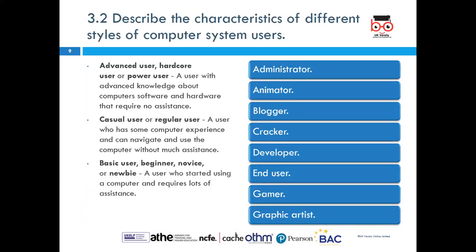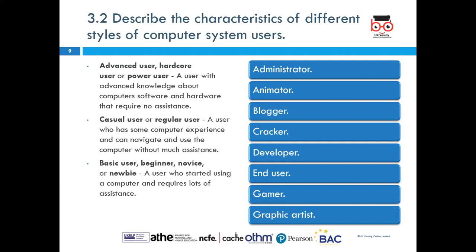Now we're going to describe the characteristics of different styles of computing systems. So when it comes to computing systems, we have three major types. So we have advanced user, casual user, and a basic user. So what do we mean by these? With the basic user, which is a beginner or newbie, these are users who have just started using a computer, and they will require a lot of assistance, so they're not really practical with PCs.